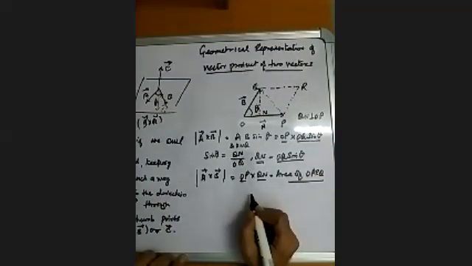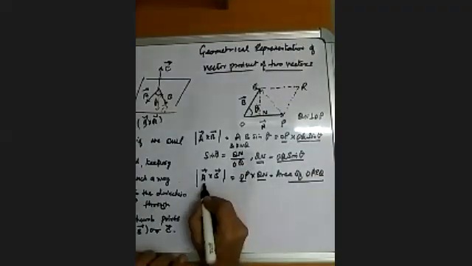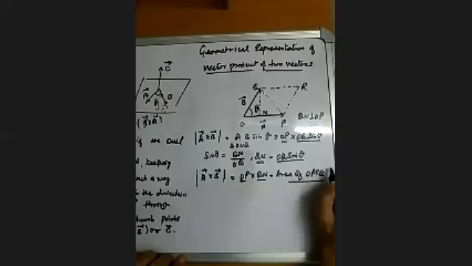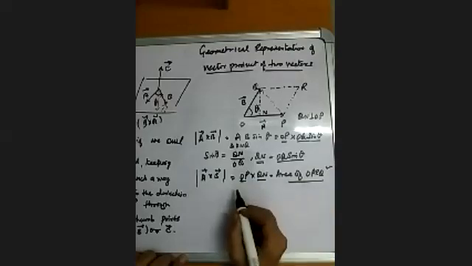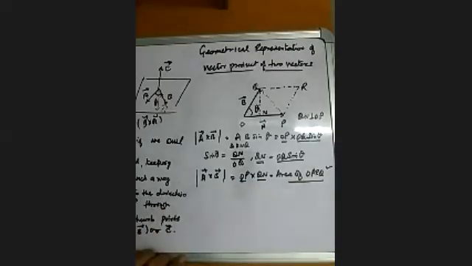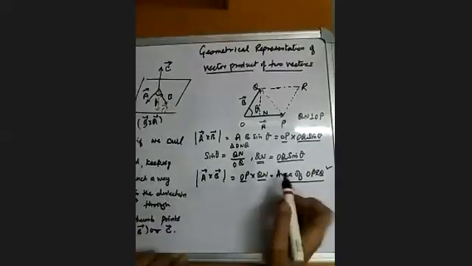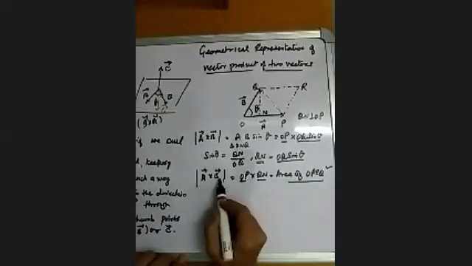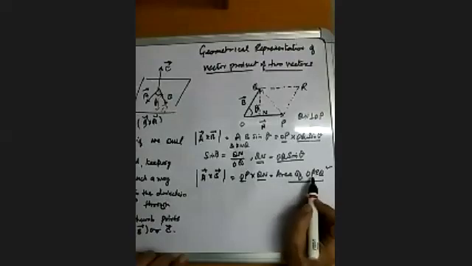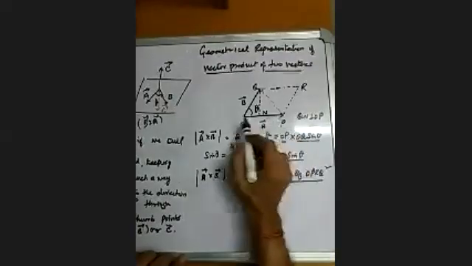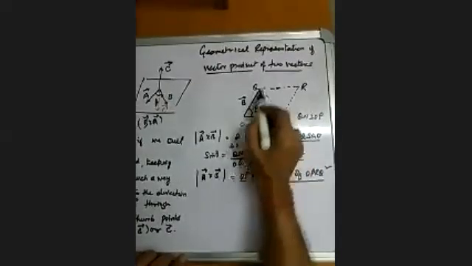So geometrically, you can say that the magnitude of vector A cross B is equal to the area of the parallelogram whose two adjacent sides are represented by the two given vectors.